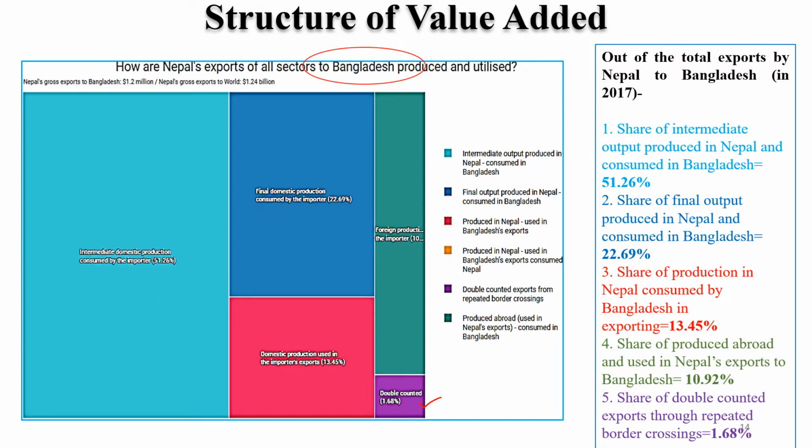And the share of production in Nepal consumed by Bangladesh in its exports, the forward linkages, is around 13.45%. So it clearly says that Nepal has around 24% GVC participation with Bangladesh.